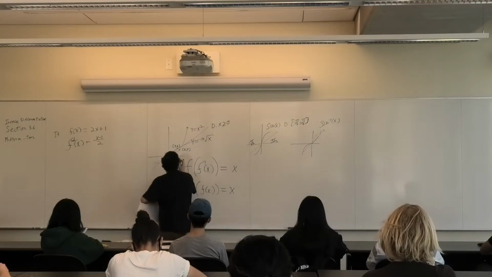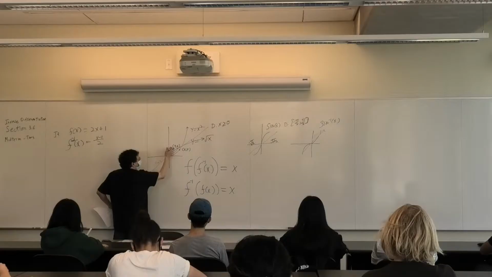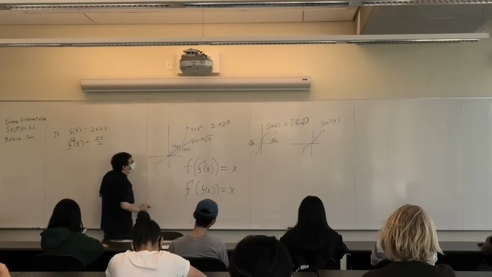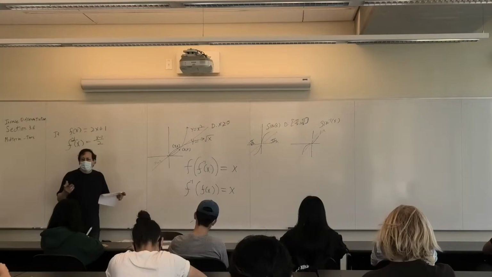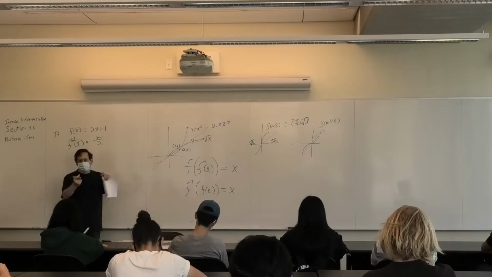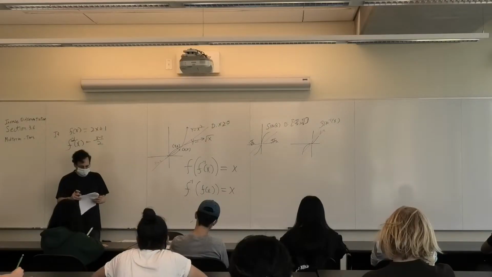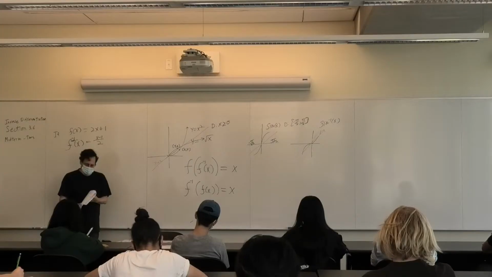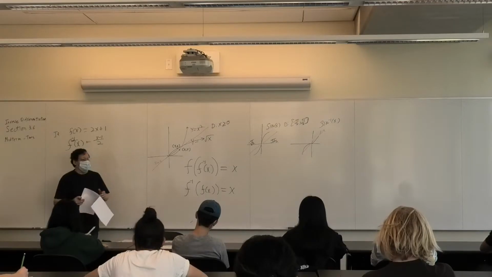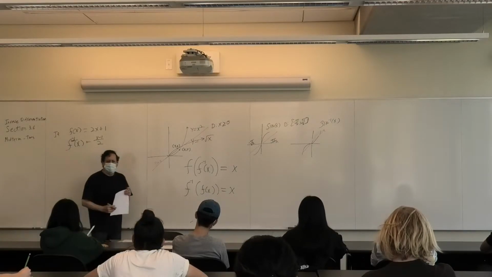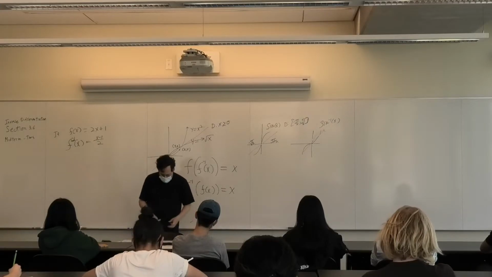You might be able to see that the inverse function is just a reflection across this line. That has to be the case because we're switching x and y. Are there any questions about inverse functions before we move on?